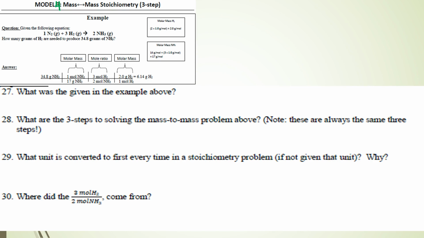All right. So in model 4, I am given a mass. In this case, I'm given 34.8 grams of NH3.